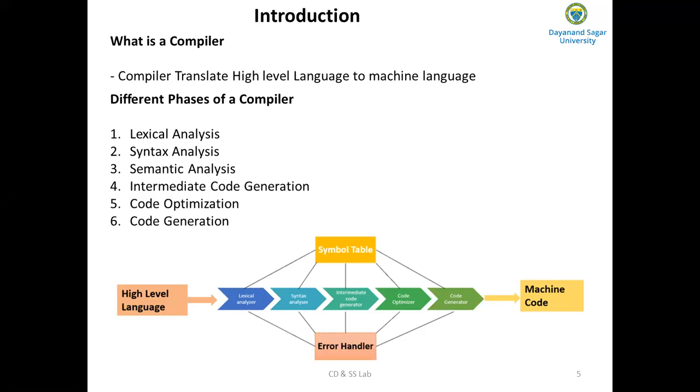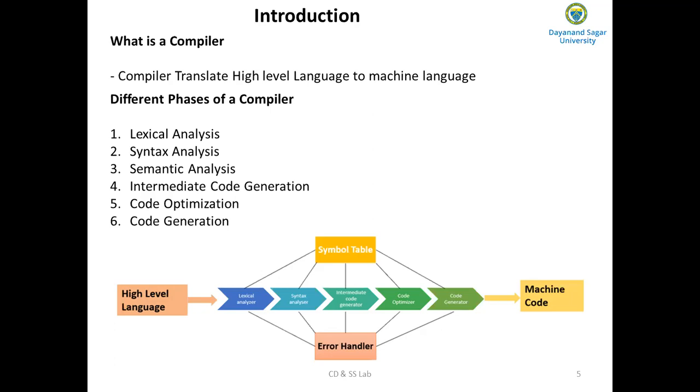So what is a compiler? As you know, there are several types of language translators like assemblers, compilers, interpreters, preprocessors, etc. And a compiler is a program that translates the high-level language into the machine language.